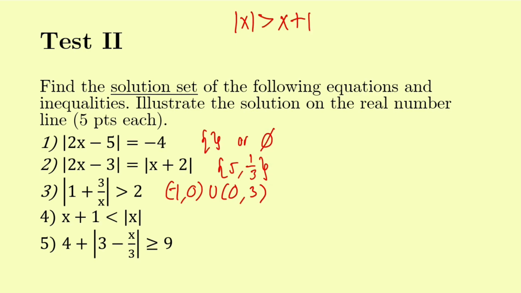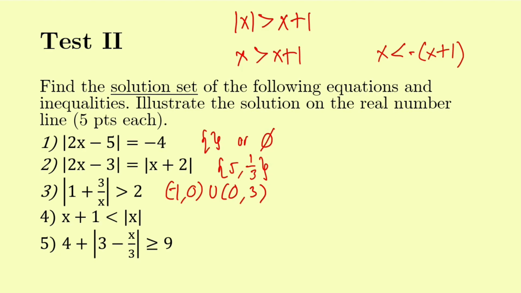Same lang ng idea yun, no? So, inilagay ko lang sa left yung absolute value because we have the property again na kapag greater than, ang ating result dyan is x is greater than x plus 1 at x is less than negative of x plus 1.